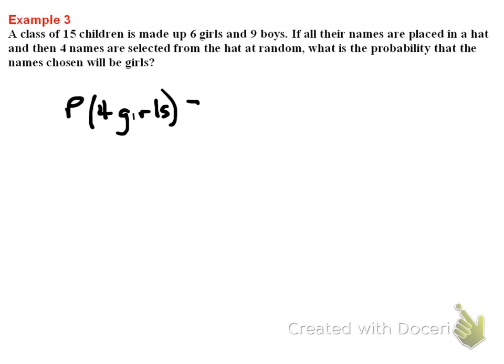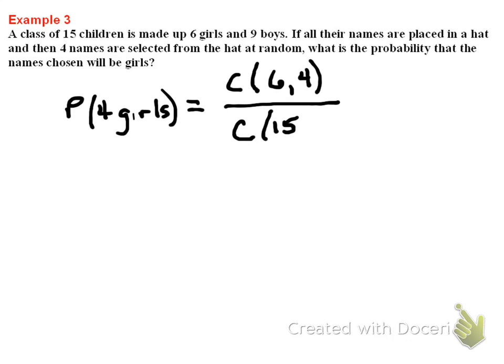Okay? So again, we have the combinations of, from those 6 girls, that 4 of them can be drawn, as opposed to the combinations of those 15 students altogether, that 4 of them can be drawn.